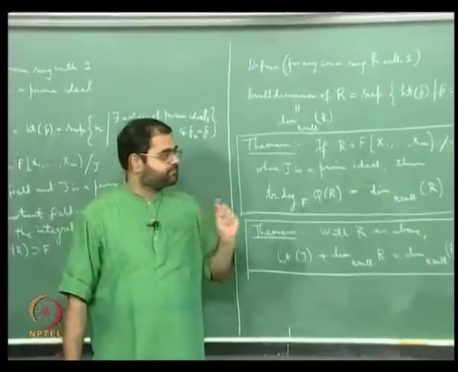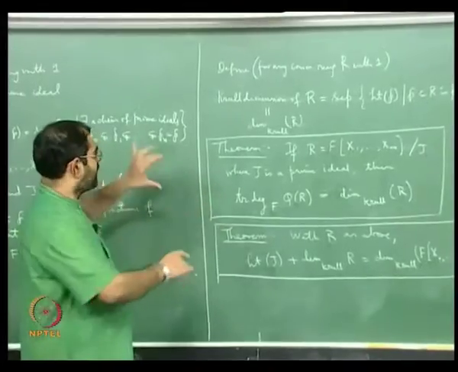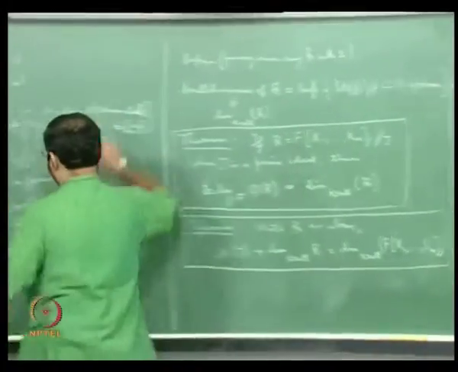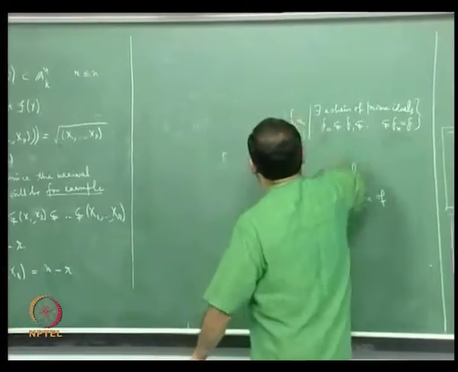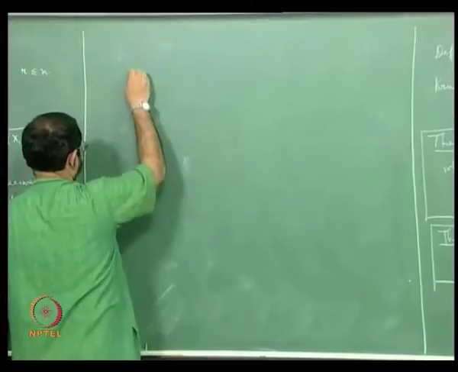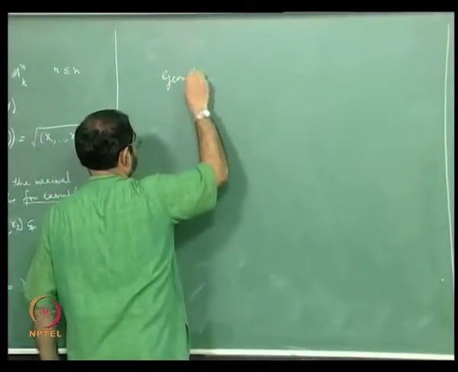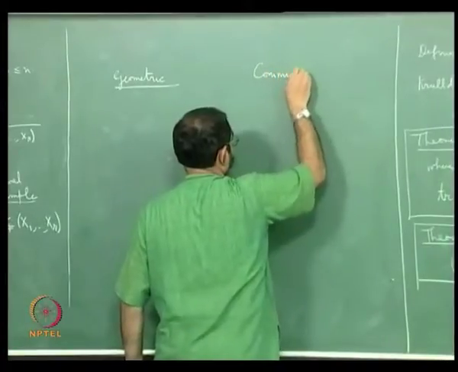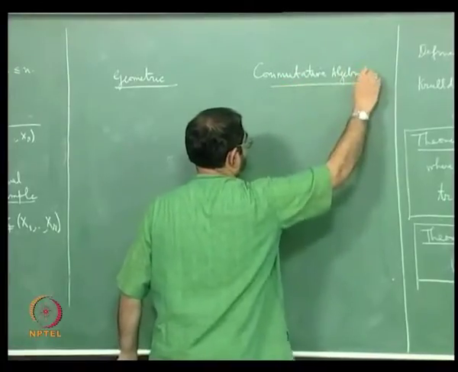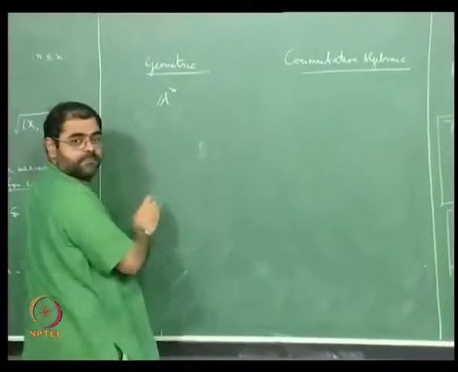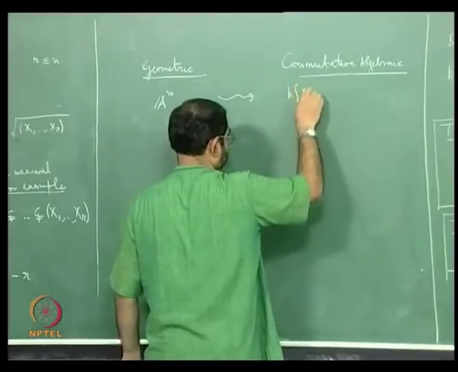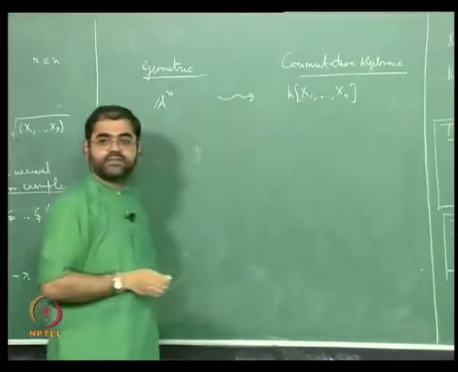The moral of the story is that if I draw a diagram with the geometric side here and the commutative algebraic side here, if I start with an, then what you go to is k of x1 up to xn, which is the ring of functions on an.